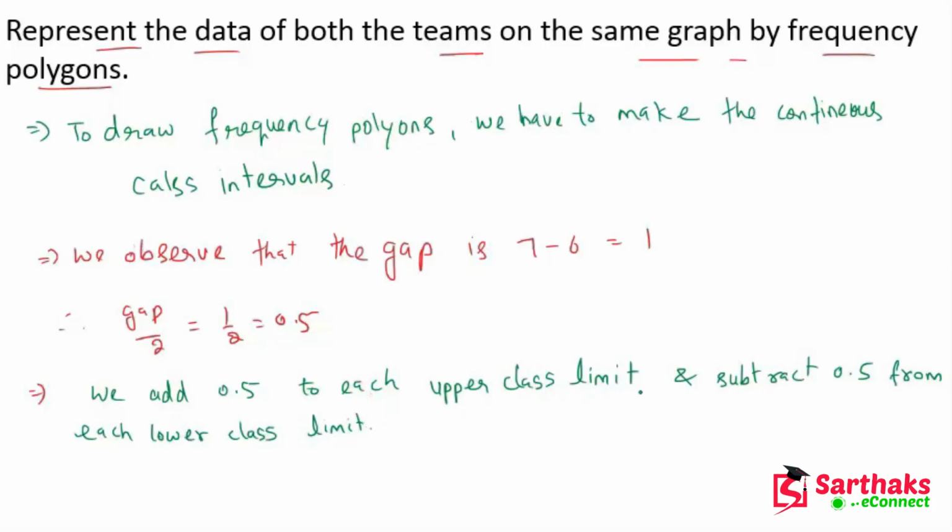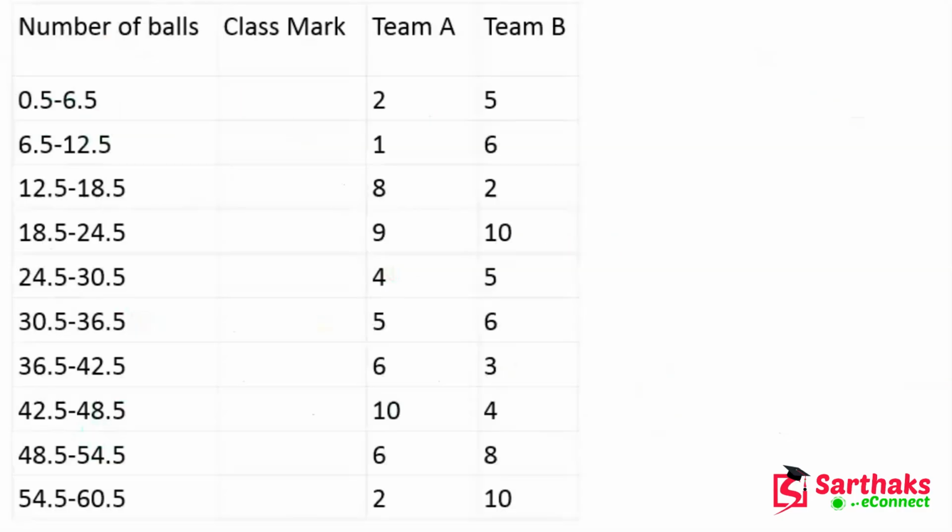So subtract 0.5 from each lower class limit to make the class interval continuous. Now let's do that. If you observe, this will become 0.5 to 6.5.